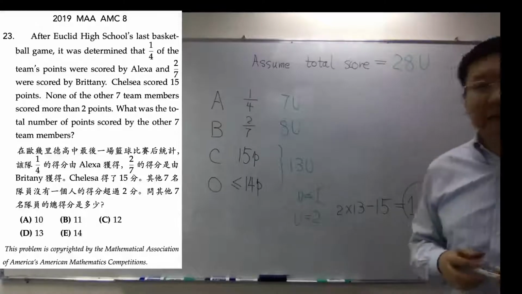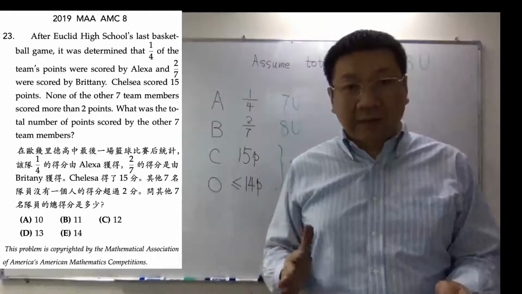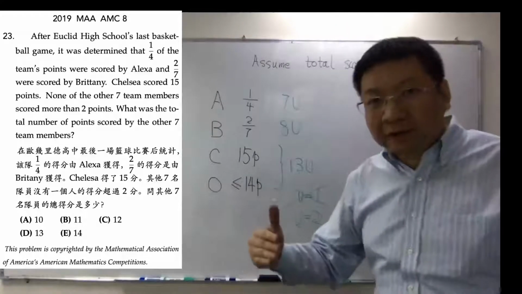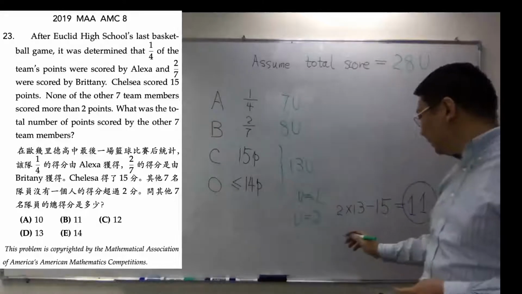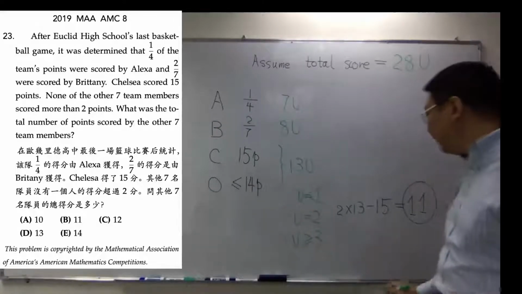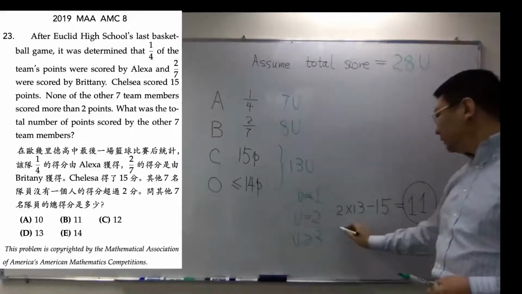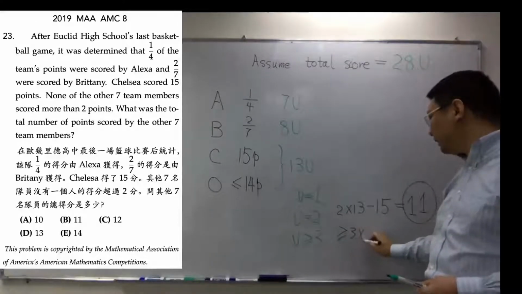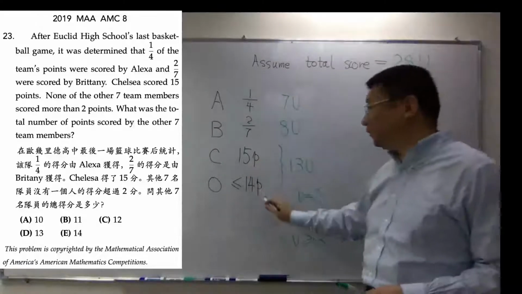Of course, as a multiple choice question, you can already stop here. But we can just do an analysis one step more, see what happens if U is bigger. If U is bigger, it's impossible, because if U is at least 3, then the total score has to be at least 3 times 13, which is 39, which definitely surpasses this 15 plus 14.